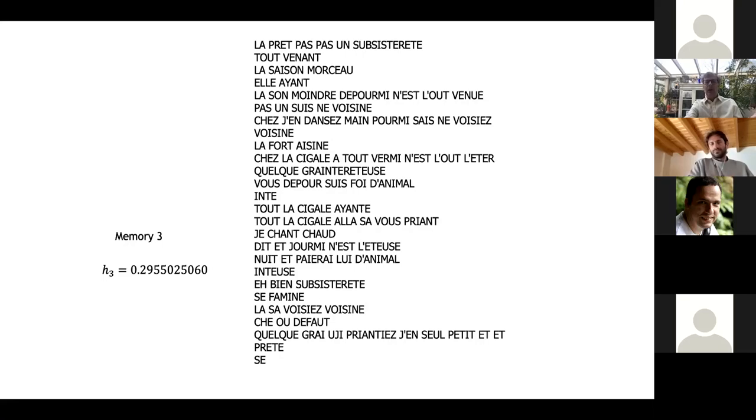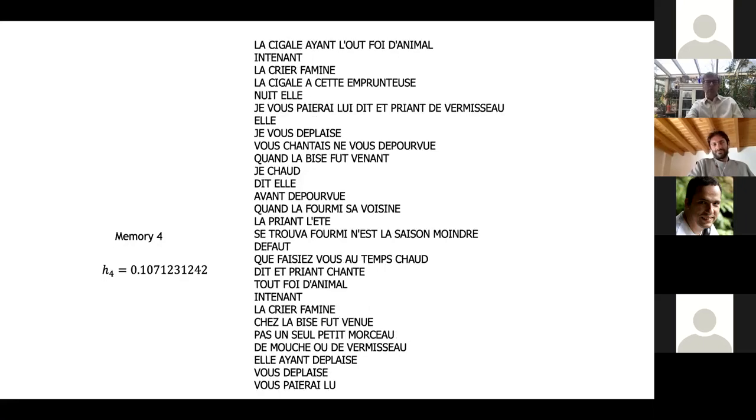You have words which don't exist. Subsisterité, it's a nice word. It's like some medieval word. Memory 4, and then the entropy. Here there is no way, everybody who went to school in French in France knows this text.